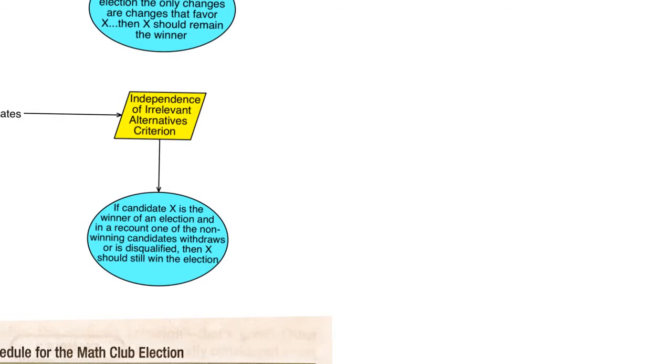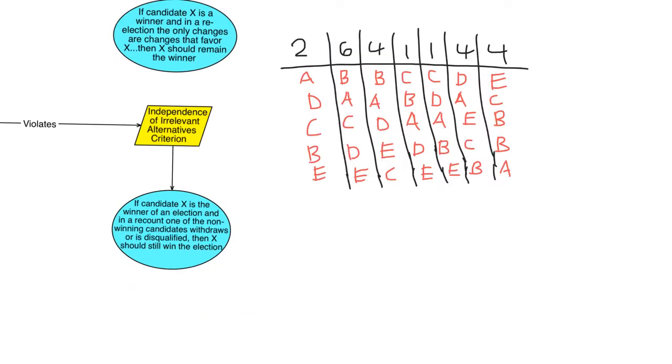Okay, so similar to the monotonicity criterion, I'd like to illustrate yet another example, at least an example of what it might look like when the independence of irrelevant alternatives criterion is violated. So imagine we were dealing with this preference schedule right here, and we were going to use the method of pairwise comparison.